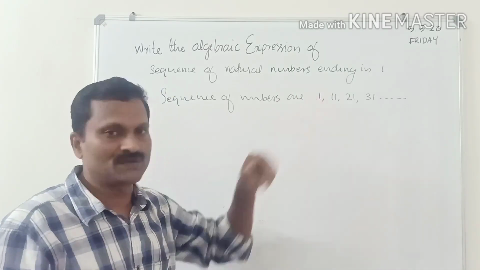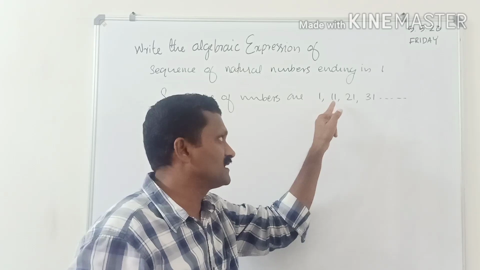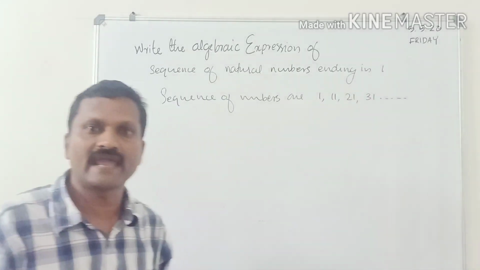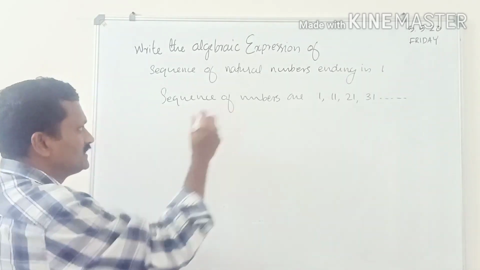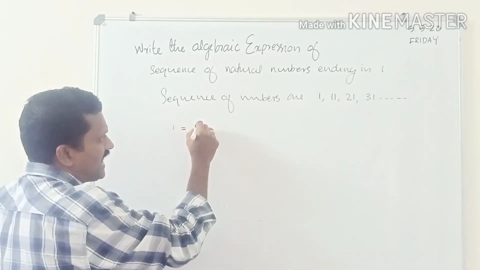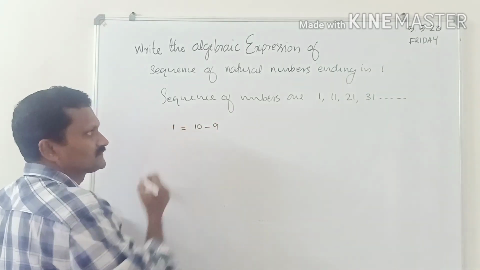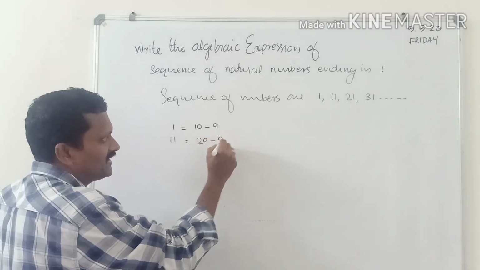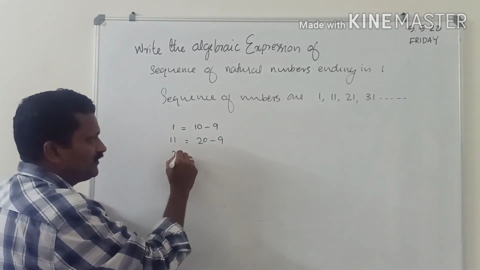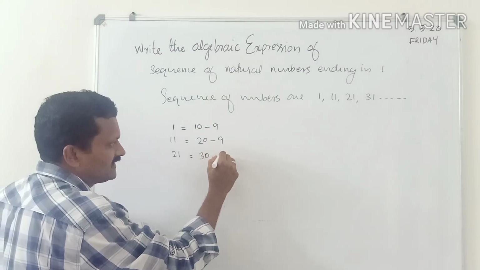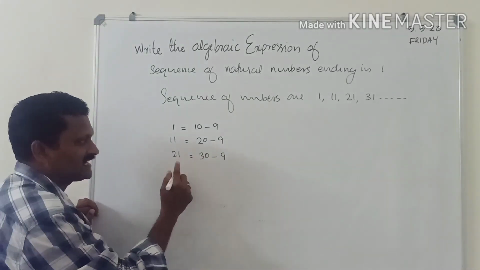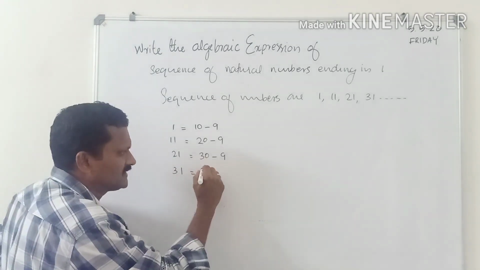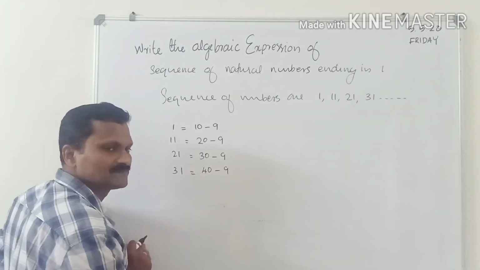How 1 is related to 1, how 2 is related to 11, 3 related to 21, 4 related to 31, and so on. So, this 1 can be expressed as 10 minus 9. 11 can be expressed as 20 minus 9. 21 can be expressed as 30 minus 9. So, the next term, that is 31, clearly you say that 40 minus 9.